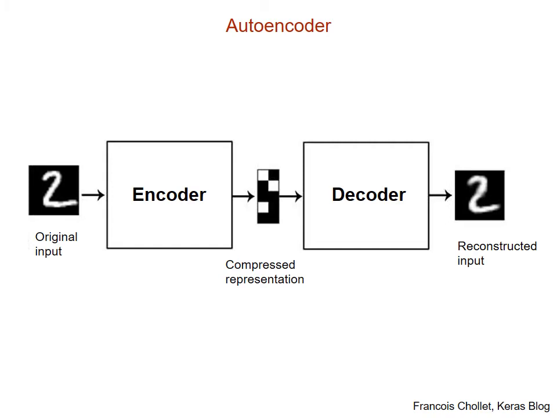Basically, the convolutional autoencoder has two components, an encoder and a decoder. Given an input image, the encoder compresses this input image into a low-dimensional vector, and then the decoder decodes this vector into an image. And the autoencoder is trained so that the decoded image is as close to the original input image as possible.